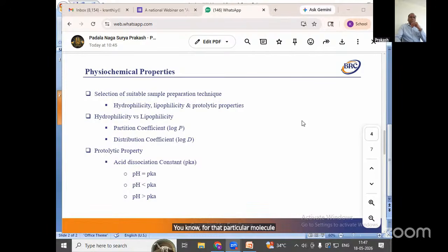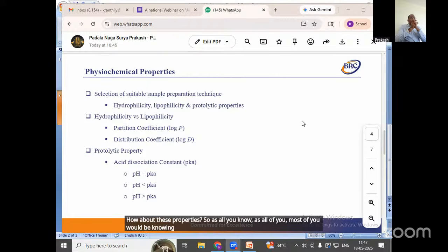So let us discuss these properties briefly for a couple of minutes. Most of you would know the definitions of hydrophilicity and hydrophobicity, so I would not get into the details of that.